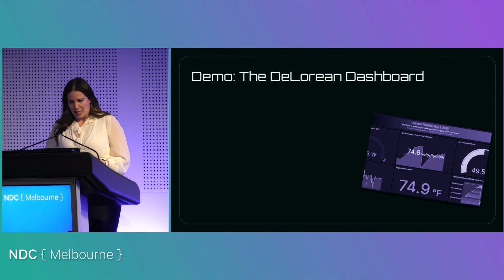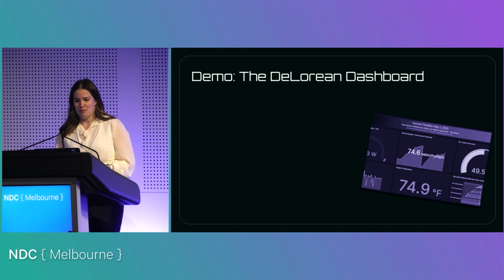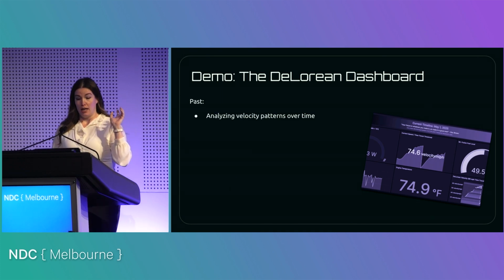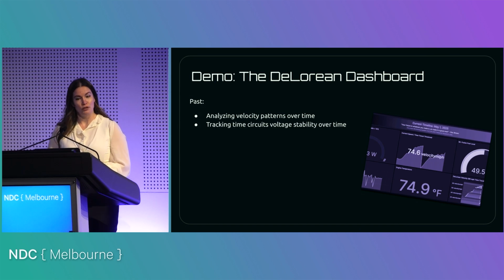Now it's time to pull everything together with our DeLorean dashboard demo. Okay, I've created a monitoring system for our time machine that demonstrates all 3 of our key takeaways. For the past, we're analyzing velocity patterns and time circuits voltage stability over time, showing how historical analysis can reveal patterns and trends.